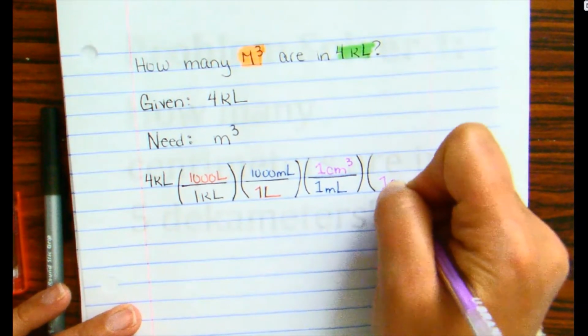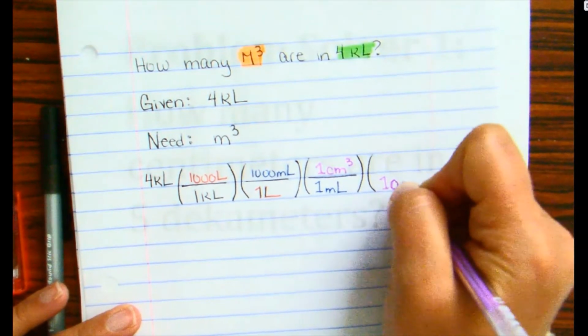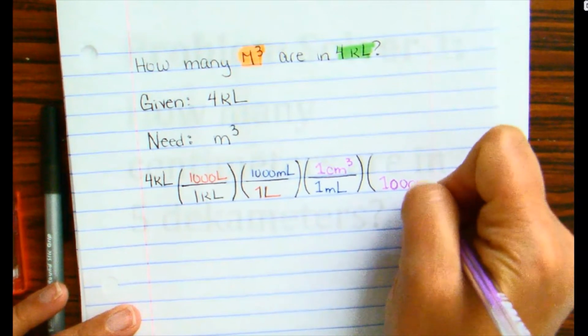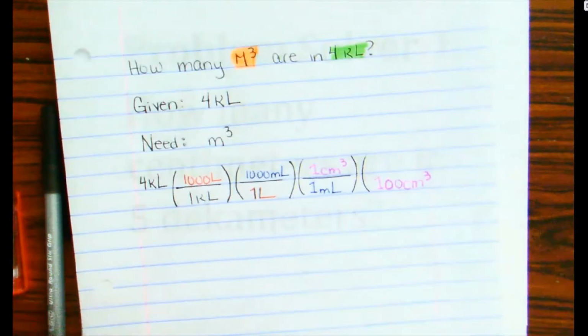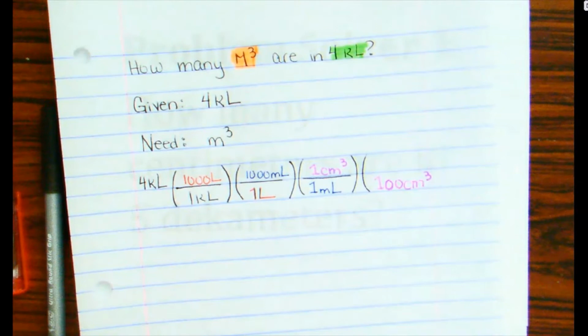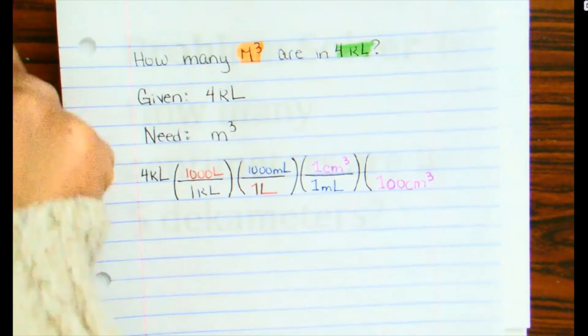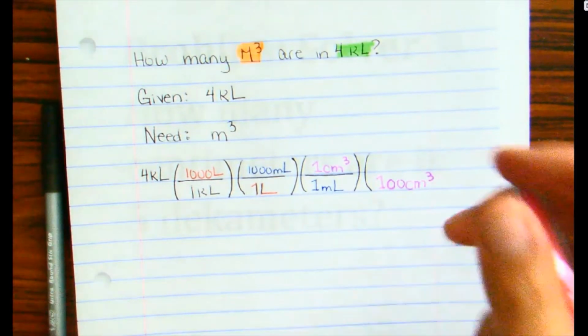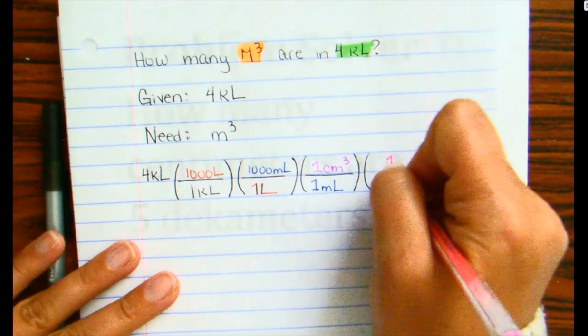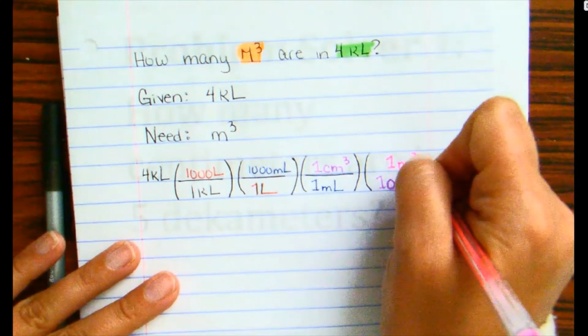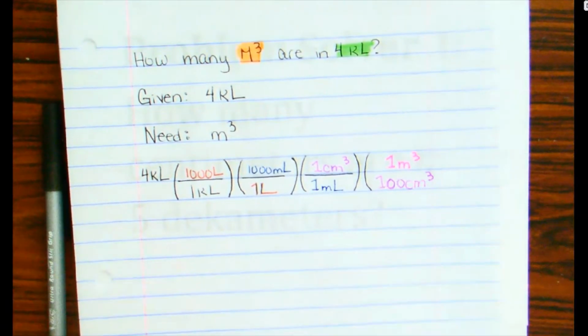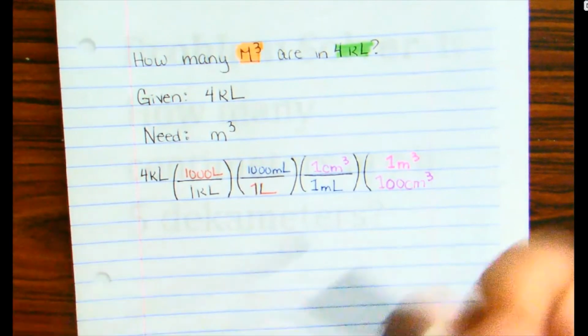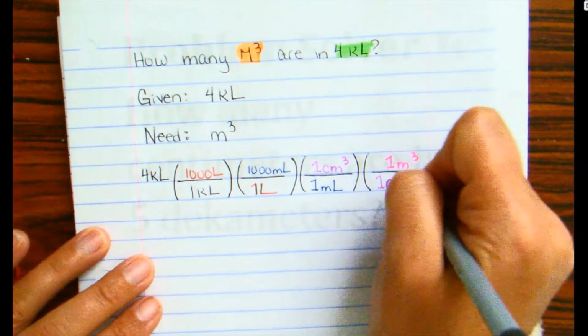For every 100 centimeters cubed you have, because we're going to meters cubed, you end up with 1 meter cubed. You find this equivalence in the metric system.